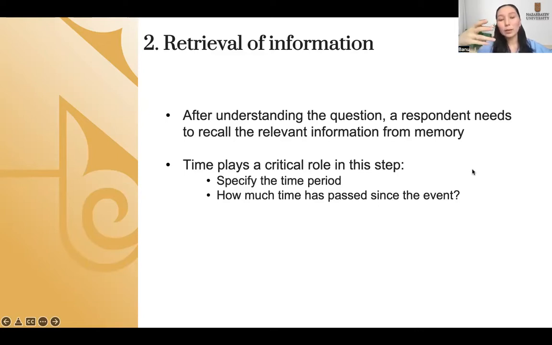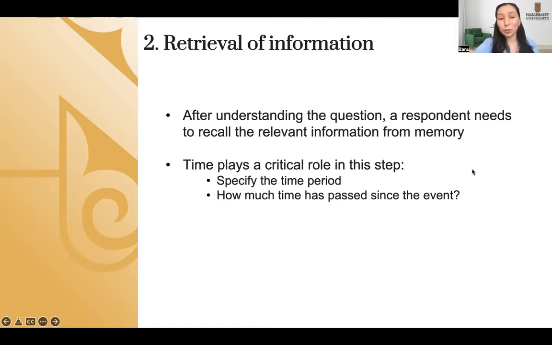to find the relevant information. And another aspect of time is how much time has passed since the event. This is also very important, and as you may guess, the more time has passed since the event, the more difficult it is to remember and retrieve necessary information. And at this stage, some problems can occur.